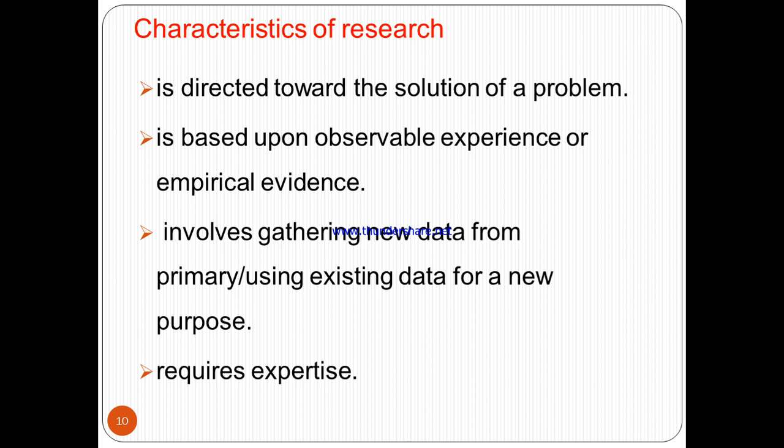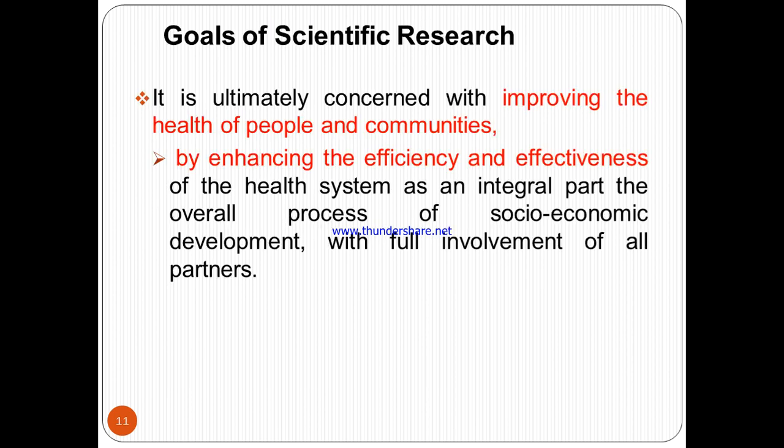It involves gathering new data from primary sources, or using existing data for a new purpose. Finally, it requires expertise. Research is done by experts, those who have knowledge about making research.